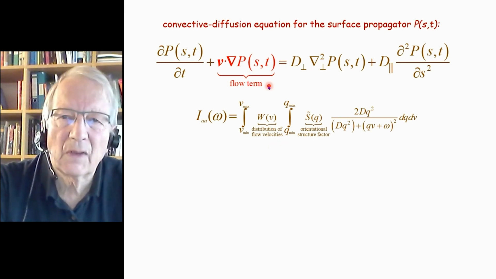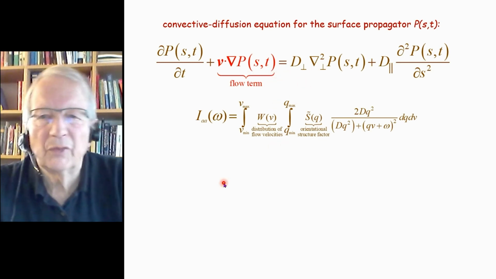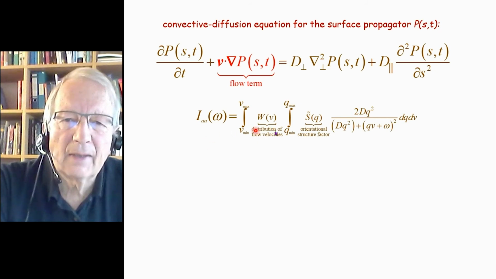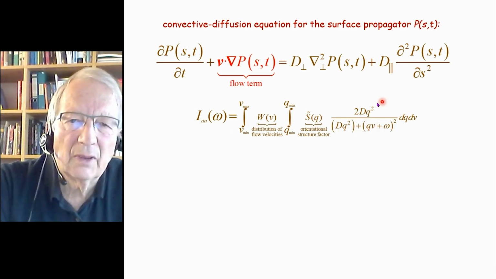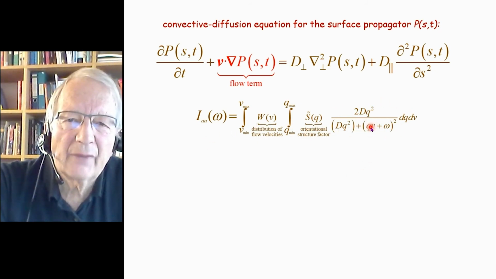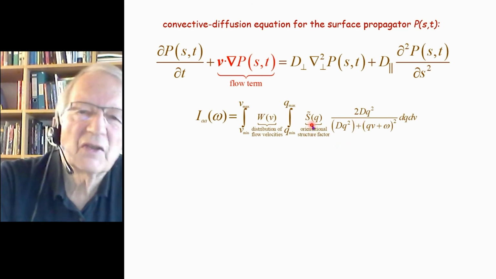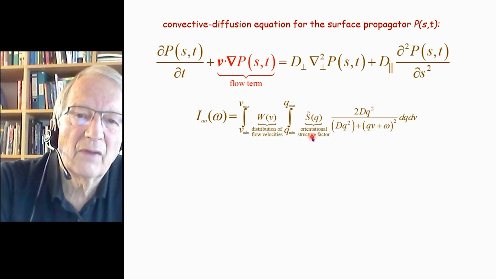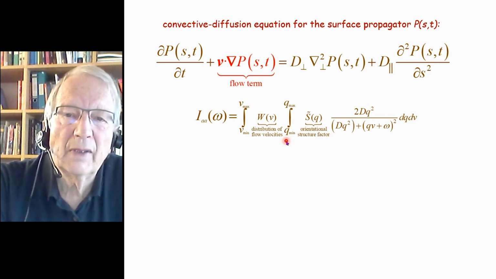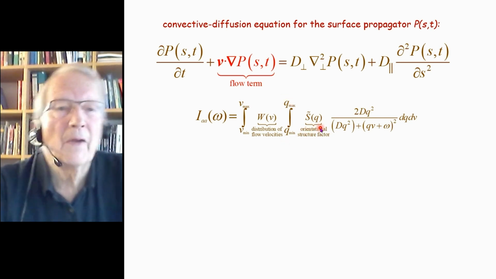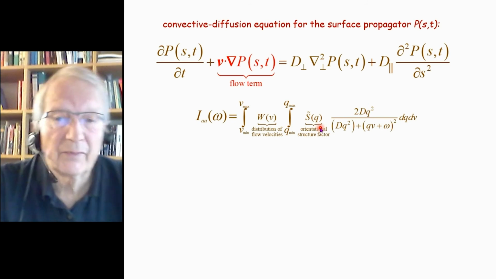If we form the correlation function, we end up with this double integral. First, we have a distribution of orientational structure factors, different values Q. So we have to integrate over all wave numbers describing the rough surface.